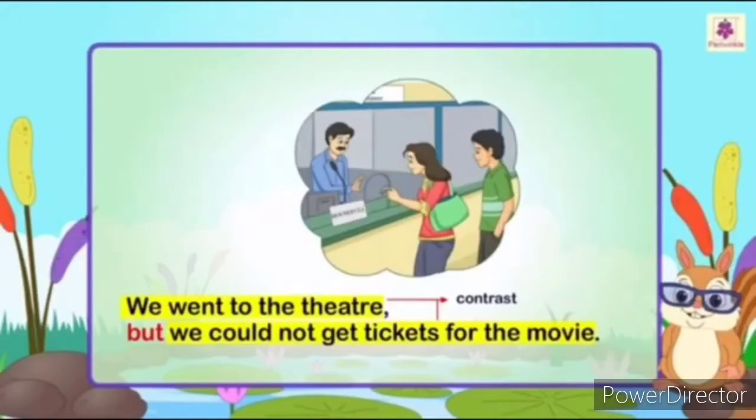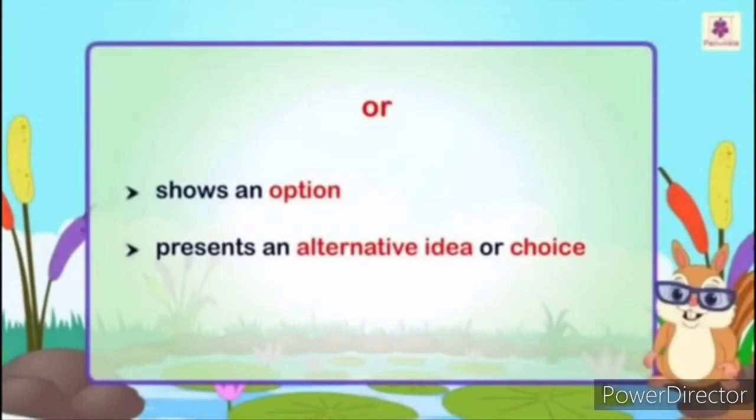So "but" is a coordinating conjunction that shows the contrast, where both sentences are opposite in meaning, joined by the coordinating conjunction "but". Let's move on to the next coordinating conjunction, that is "or".